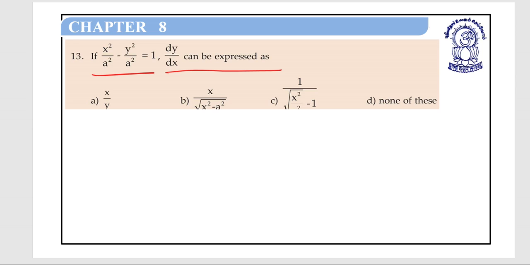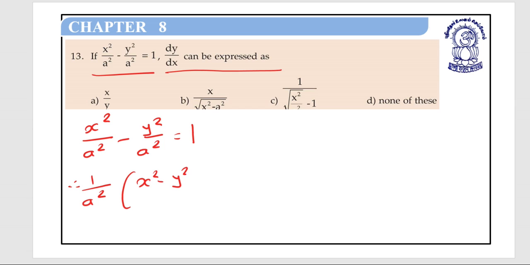So 1 upon a square common, x square minus y square is equal to 1. So x square minus y square is equal to a square into 1, it is a square.